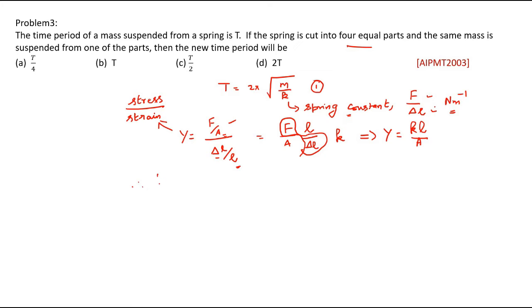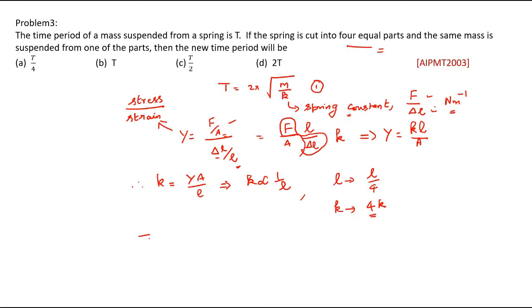Therefore, K is equal to YA by L, which gives you K is inversely proportional to L. So if the spring is cut into 4 parts, the length becomes L by 4. Therefore, K will become 4 times K.